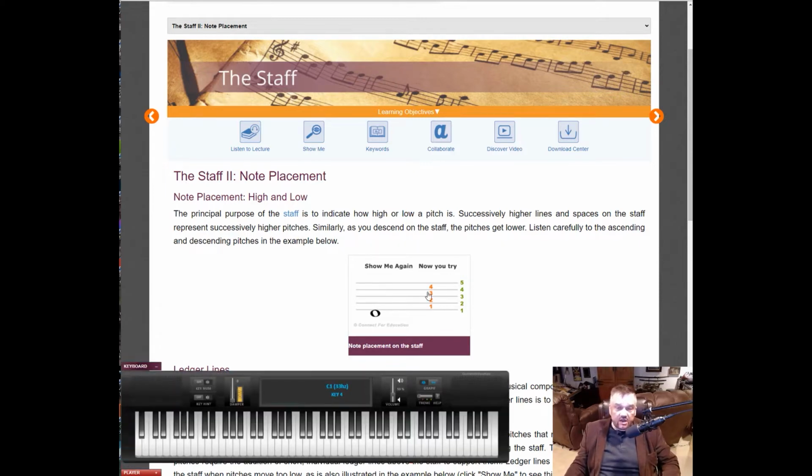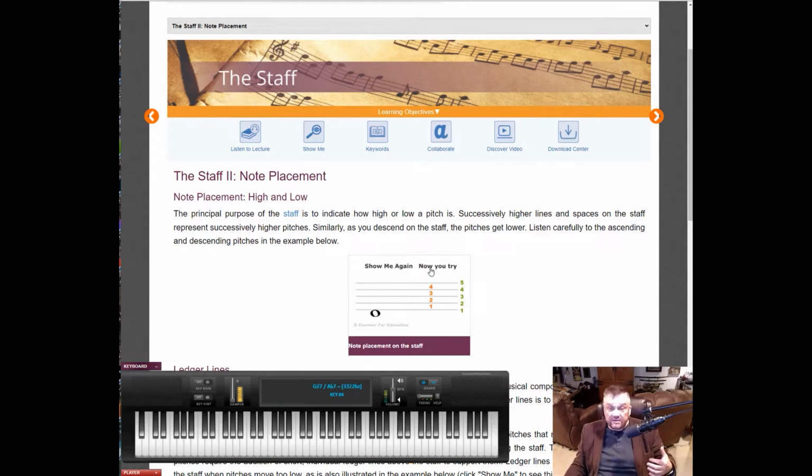So we said on the staff, low to high is from the bottom to the top, right? So when you look at the keyboard, however, low to high is left to right. I mean, obviously, if you move from your left to the right on the piano keyboard, you're going to go from the low pitches to the high pitches.